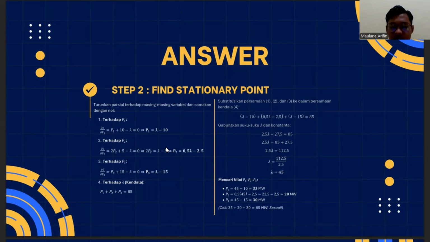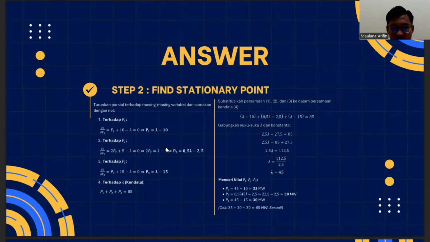And we got P1 equals 35 megawatt, P2 is 20 megawatt, and P3 is 30 megawatt. So 35 plus 20 plus 30 equals 85 megawatt. So it's correct.